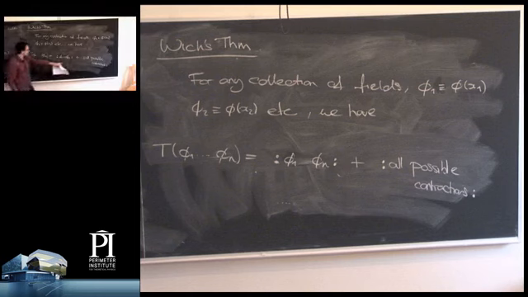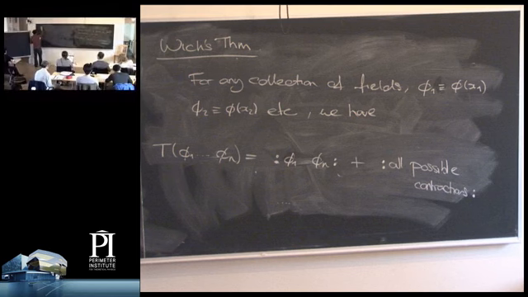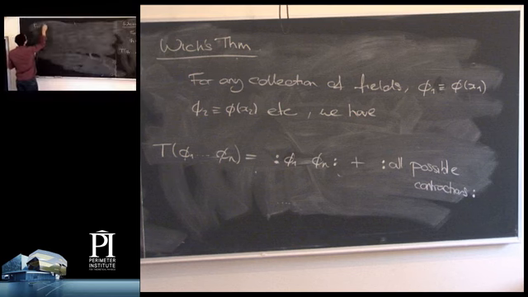This is probably a little bit ambiguous, so I'll give you an example to clarify what this means. Take an operator that's a string of 4 of the same fields evaluated at 4 different points.